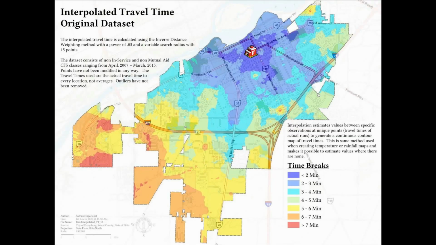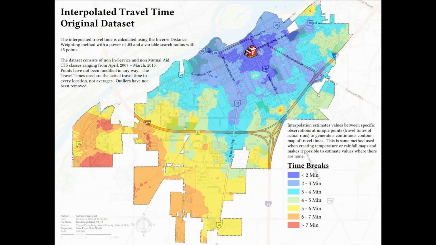And we can do that based on all of the 15,000 calls for service we had over 8 years, because each one of those calls for service had a start time and an end time. So it had a time the engine left the station, and it had a time they got on scene. So it gives you a rough idea of how long it took them to get there.